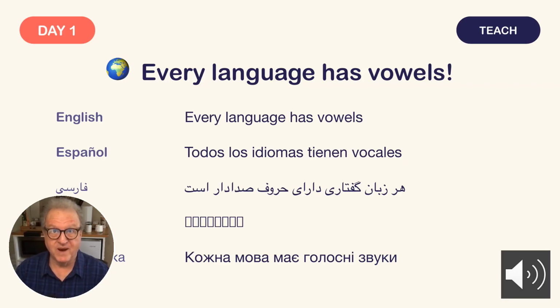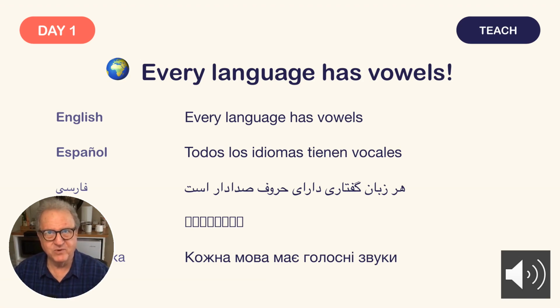Now, vowels are not just an English trick, okay? They're not just in English. And as you can see here, I've listed several languages, and every language has or uses vowels.